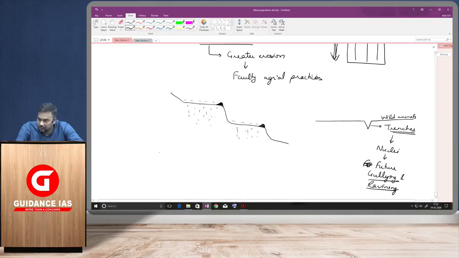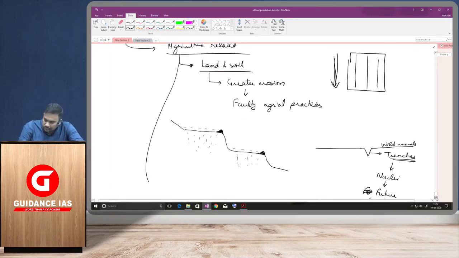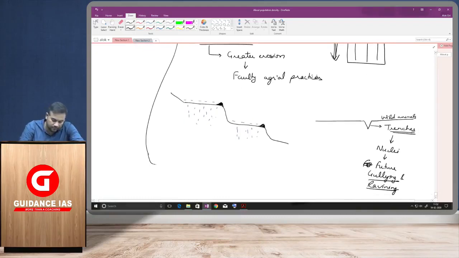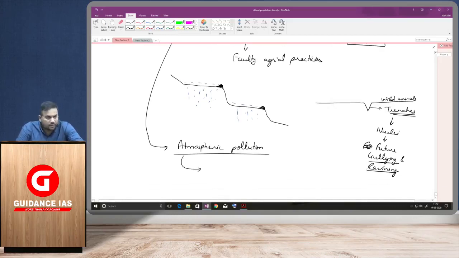Okay? So a number of land-related issues are related with agriculture. Then others, like atmospheric pollution. Atmospheric pollution can be there, for example, burning of agricultural residue, which is a very, very common menace.